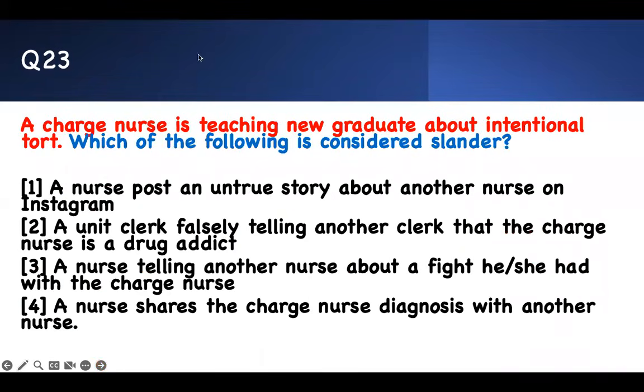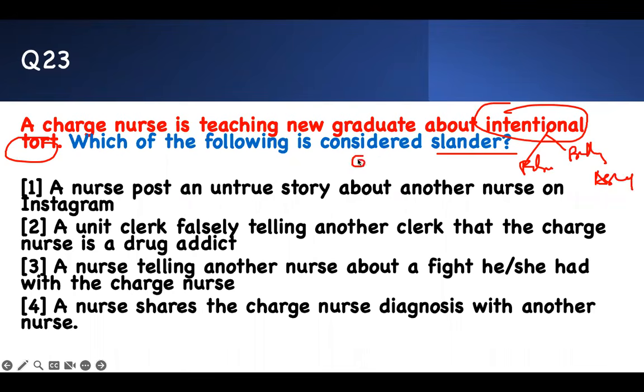Number 23. Same strategy, okay? A charge nurse is teaching a new graduate about intentional torts. You did something intentionally. Which of the following is considered slander? I try to make it easy for you. You know intentional torts are what? False imprisonment, okay? Battery, you assaulted the patient.